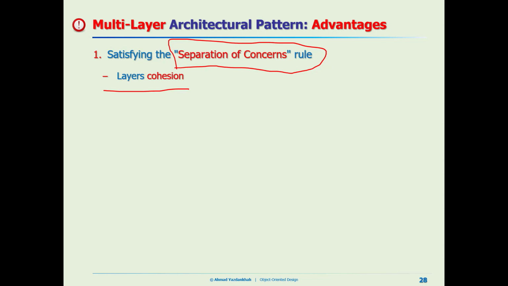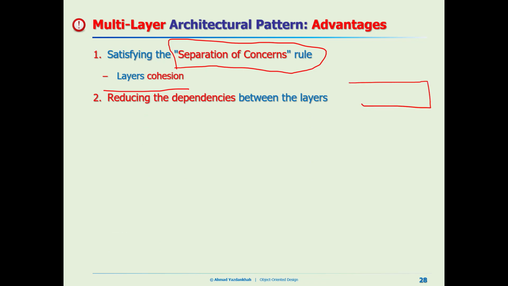The second advantage of using the multi-layer architectural pattern is reducing the dependencies between the layers. Each layer communicates with its neighbors, right? It is not the case, as I said, that this layer communicates with that one.